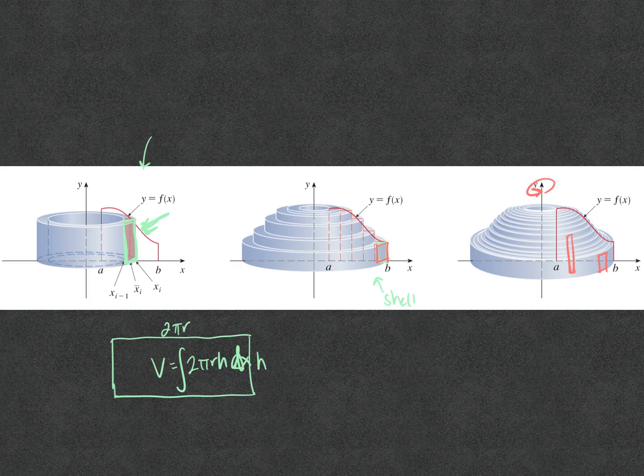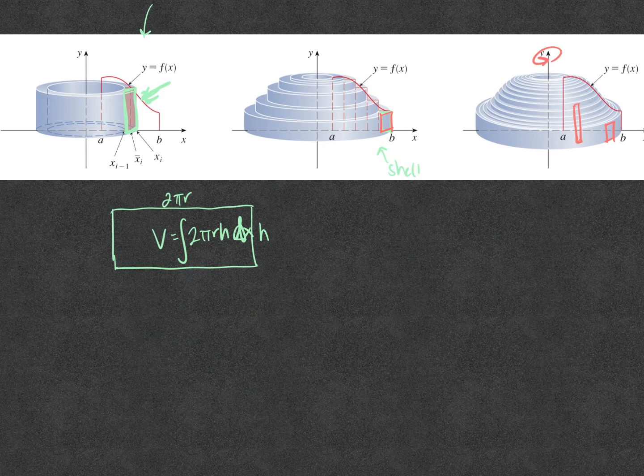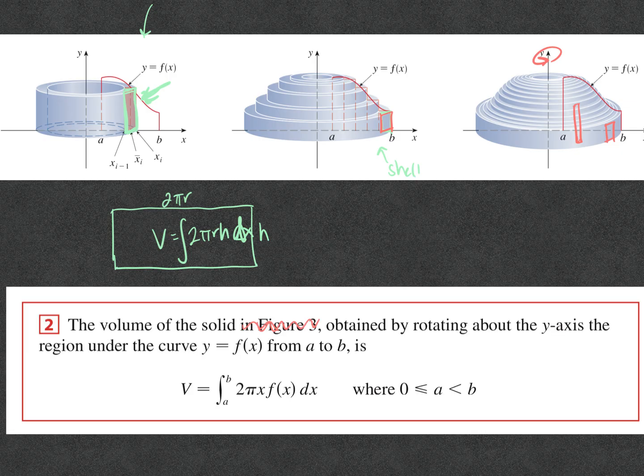But the advantage of the shell method is it allows us to be in terms of the other variable. And there are times that has to happen, but there are times where it can happen. The volume of the solid in a figure obtained by rotating about the y-axis, the region under the curve y equals f of x from a to b, is the volume equal the integral from a to b, 2 pi x f of x dx, where 0 is between a and b.